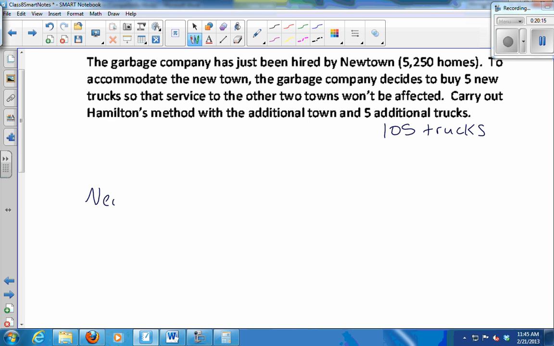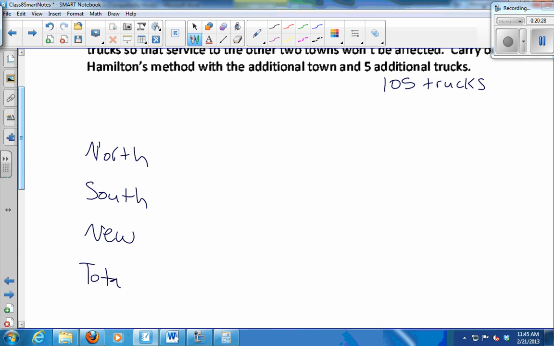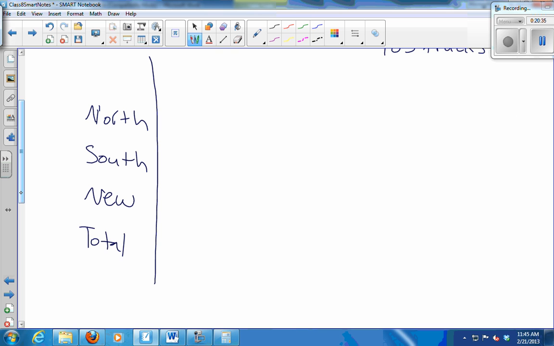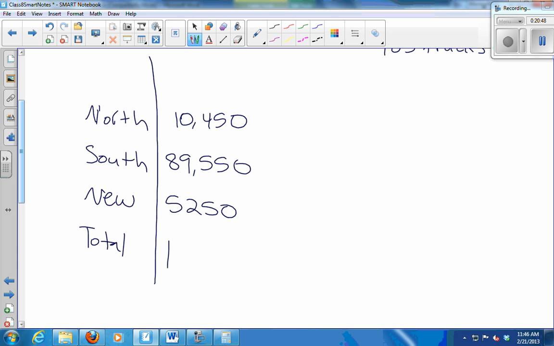I now have North, South, New, and total. Okay, so Northtown, that was 10,450. 89,550 for South, and Newtown is 5,250. So my new total is 105,250.